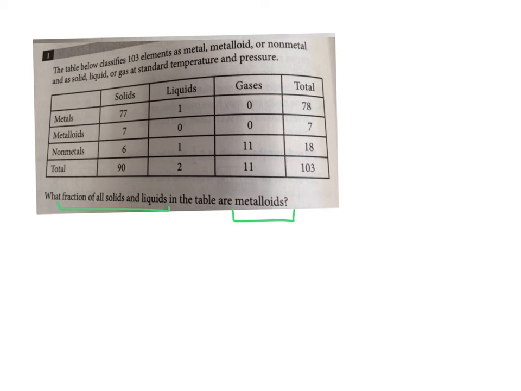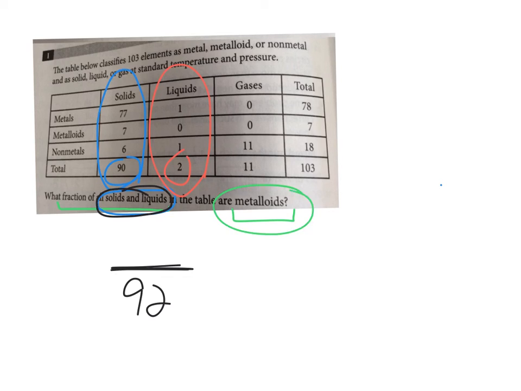Well, they're talking about what fraction of all solids and liquids. Here, there are 90 total solids. Here, there are 2 total liquids. So all solids and liquids together are 92. So they want to know what fraction of the 92 are metalloids.